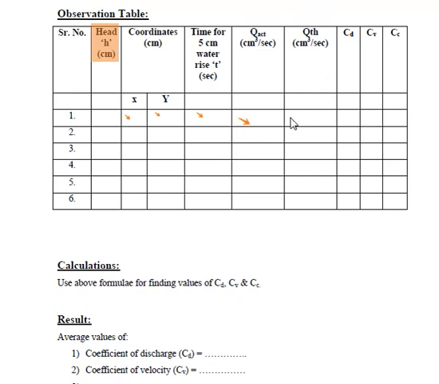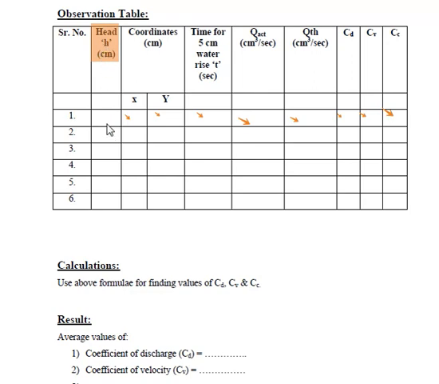Then the theoretical discharge formula you have seen before, by which you can find out Cd. Cd is actual discharge upon theoretical discharge, Q actual upon Q theoretical, and by finding that, you can find Cv. Cv is actual velocity upon theoretical velocity, by that formula we have seen previously. You can go back in this video and find these formulas, and subsequently you can find out the coefficient of contraction.